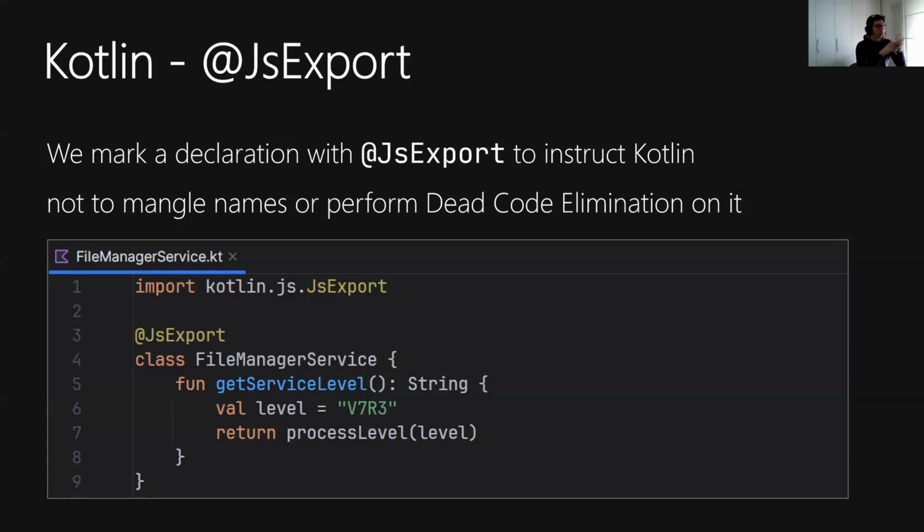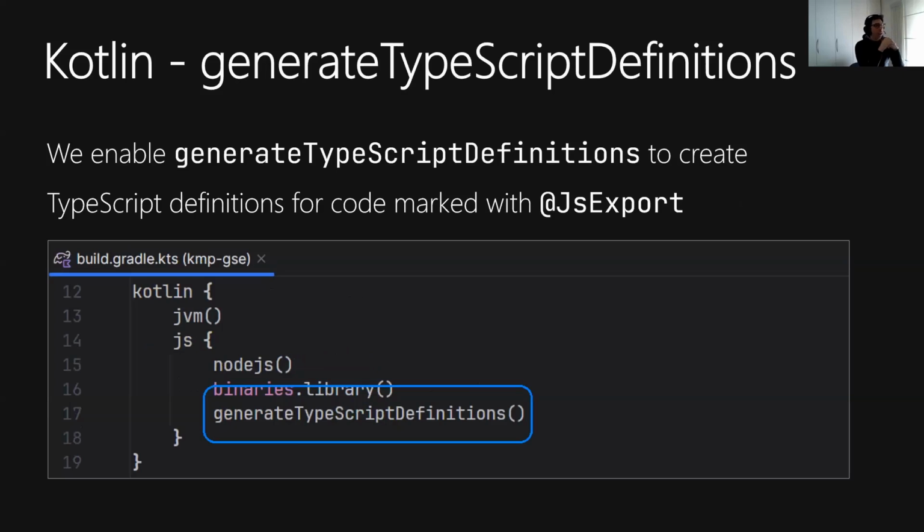So we apply JS export, and then we also activate the generate TypeScript definitions feature. And we do that through the Gradle build script. What generate TypeScript definitions does is it instructs the Kotlin compiler to generate an additional file containing a series of TypeScript definitions, one for each piece of code that has been marked with JS export.